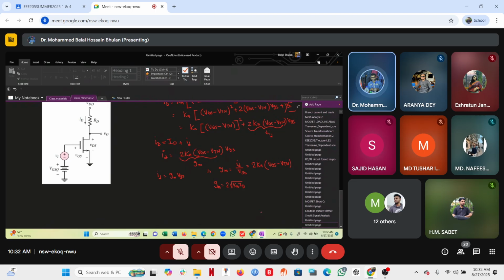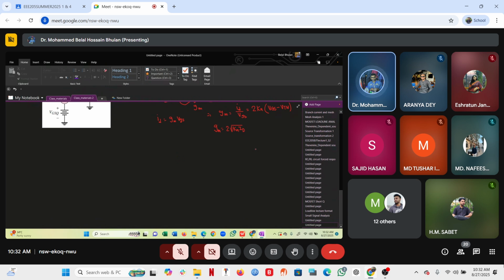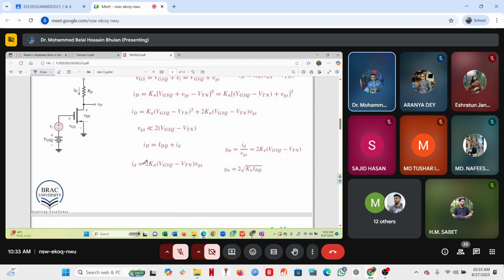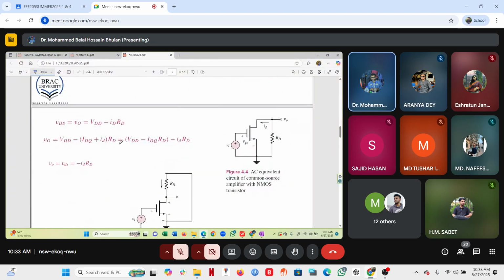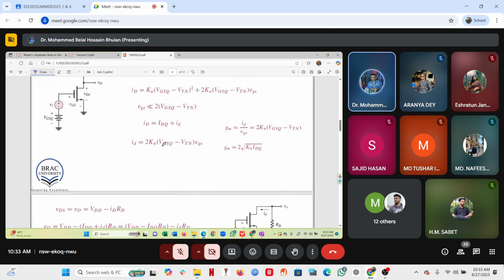Now, the good thing about MOSFET is that unlike the BJT, where there are three small signal parameters, GM, R pi, and RE, here there is only one parameter for the MOSFET, GM. So small signal ID is equal to GM times small signal VGS.